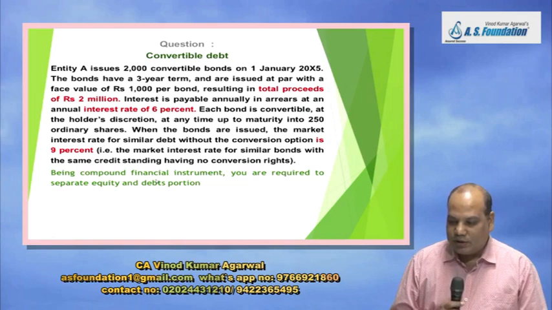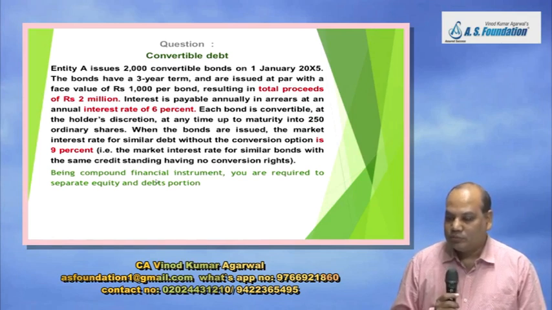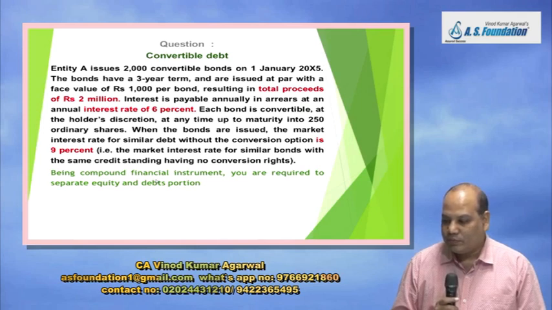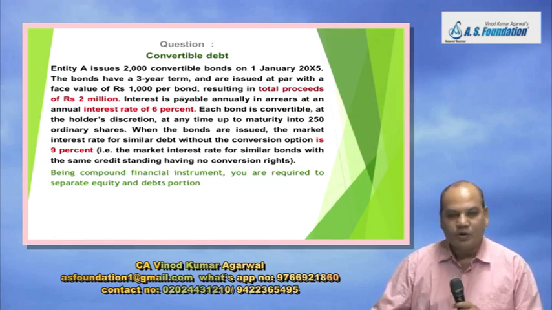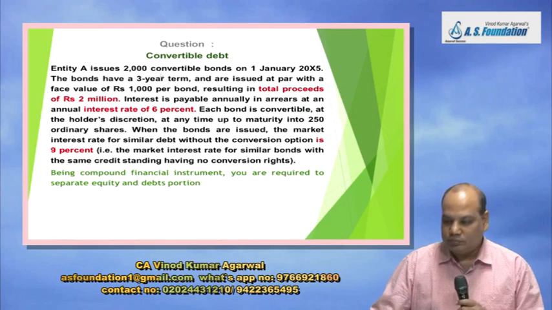Solve in the book only. Entity A issues 2000 convertible bonds on 1st January 20x5. The bonds have a 3-year term and are issued at par with a face value of rupees 1000 per bond.